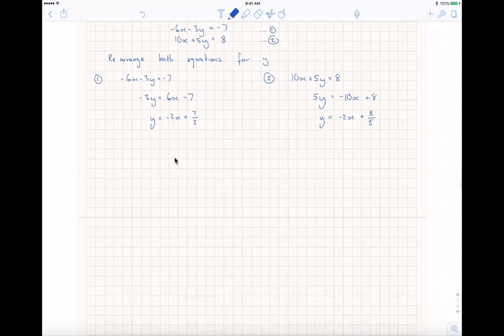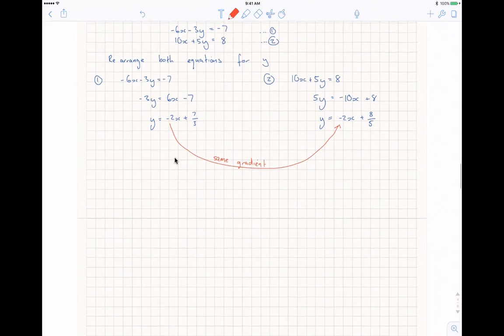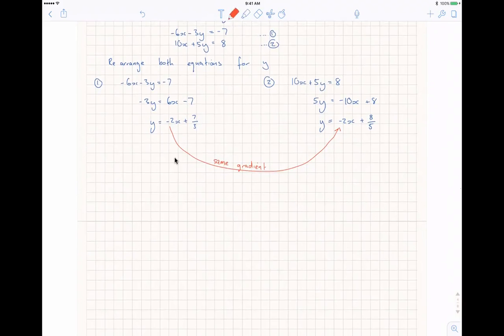So what we see is that we have the same gradient but different y-intercepts.